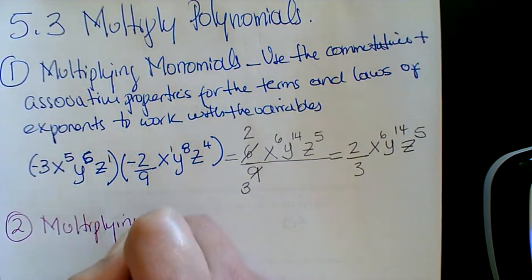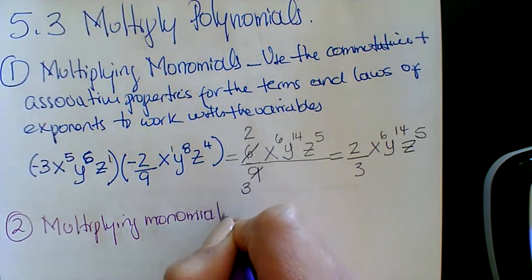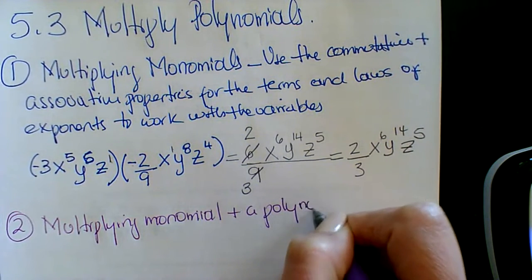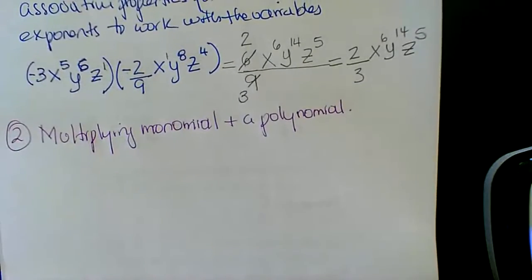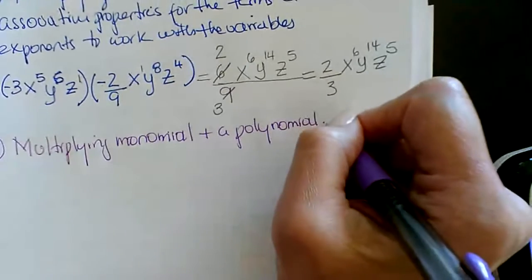So multiplying a monomial and a polynomial. So we use the distributive property, and we cannot forget to follow the order of operations.